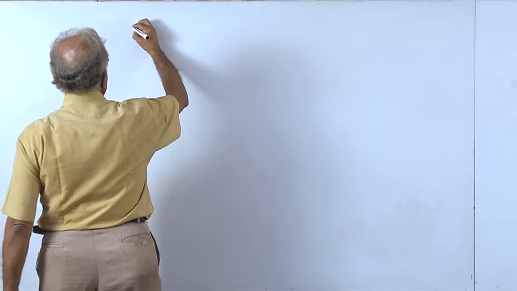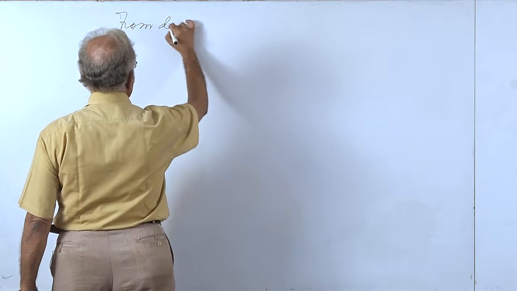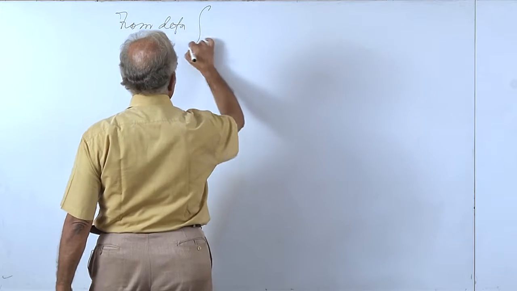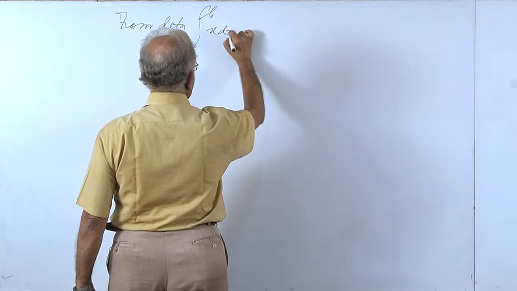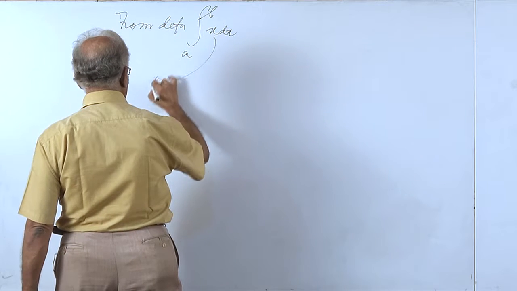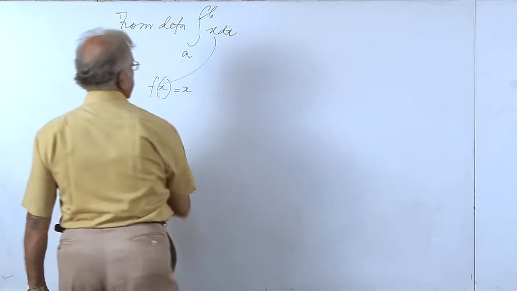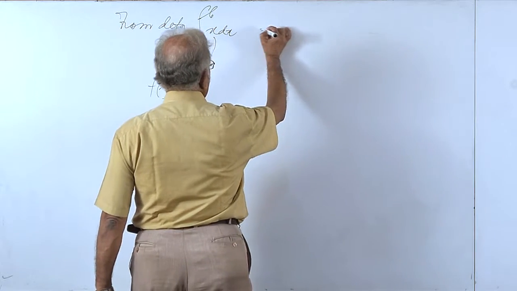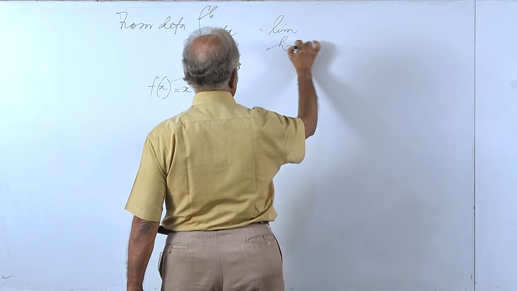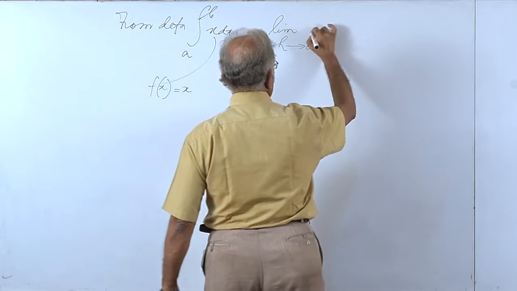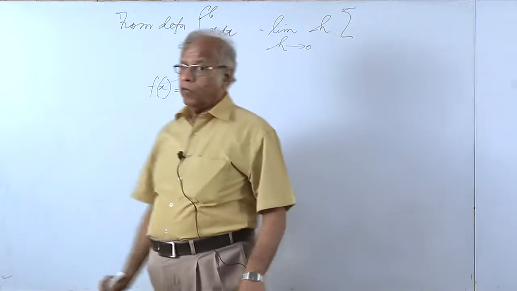We say that from the definition, the integral from a to b of x dx, and this is our f(x). f(x) is nothing but x, is the limiting value as h tends to 0 of h sigma f(a plus rh).